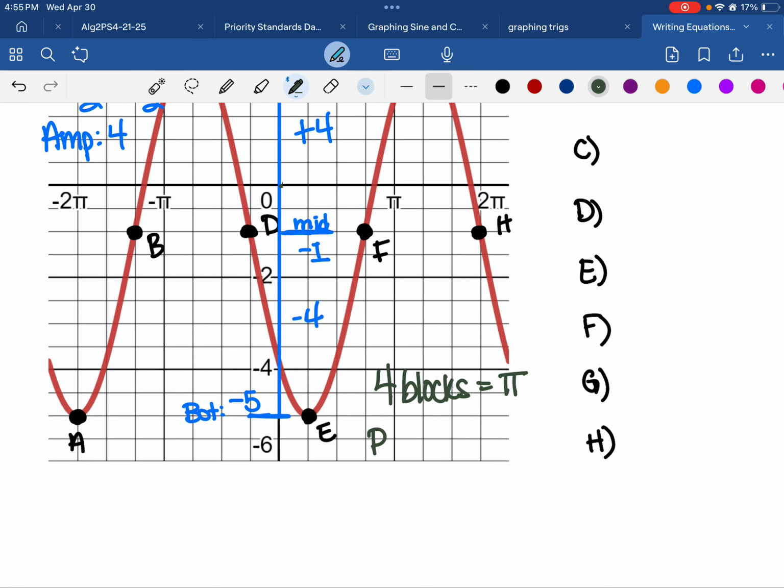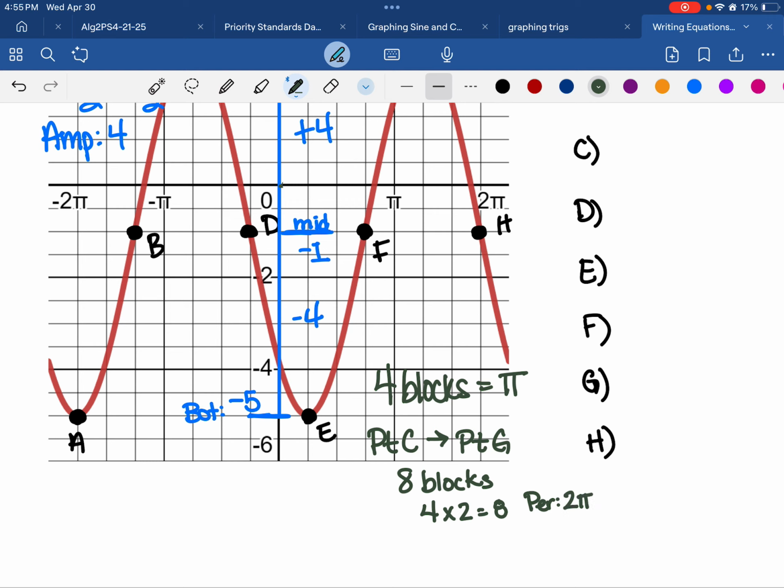I can now go down here and say point C to G is 8 blocks. So I had to take 4 times 2 to get 8, which means I have to take pi times 2, so my period is 2 pi.